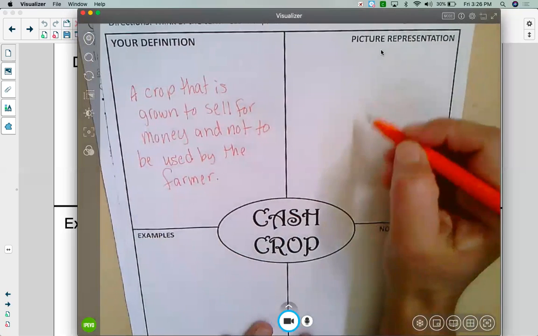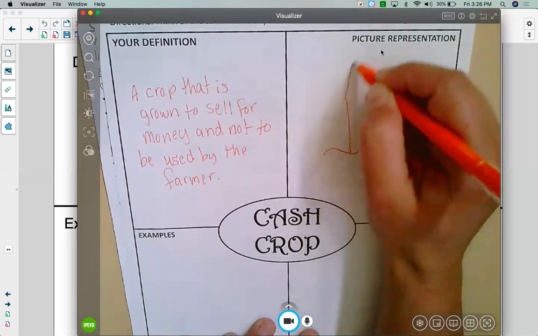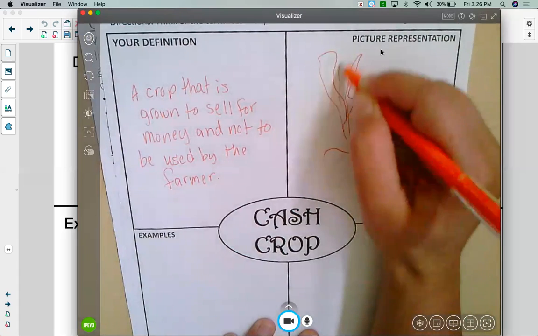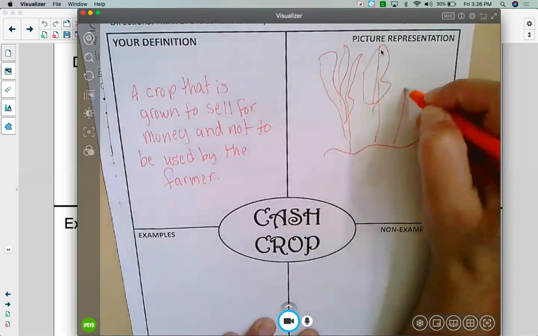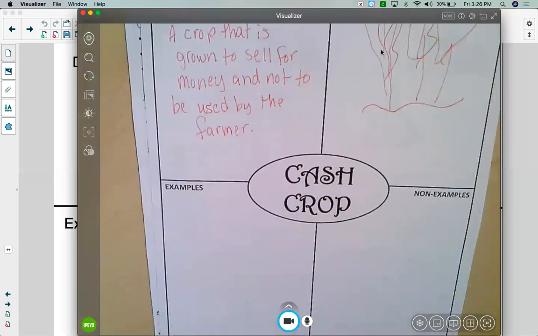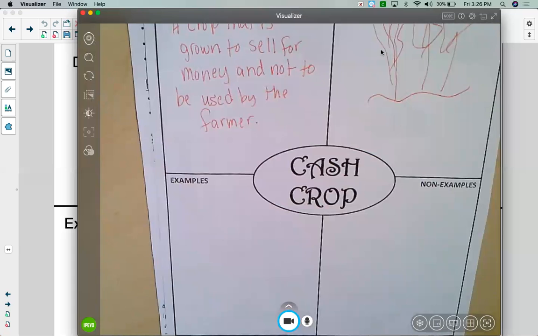So a picture, you can draw anything that you would like. I'm going to draw what to me is tobacco plants because that was the most profitable product, and your drawing can probably be much better than mine.